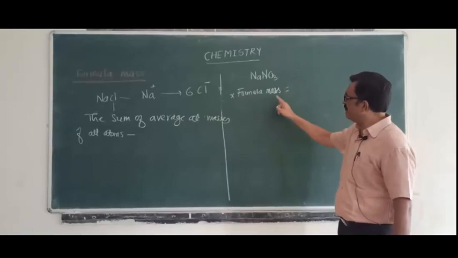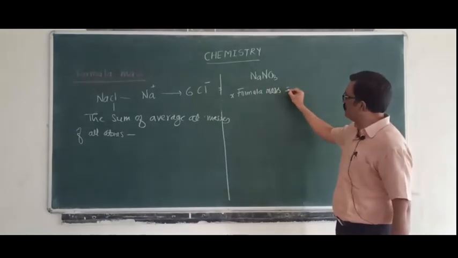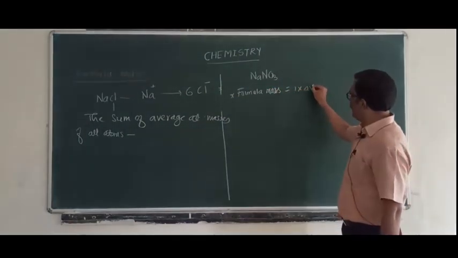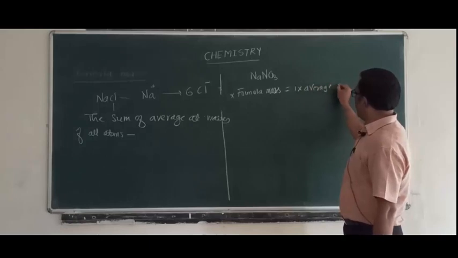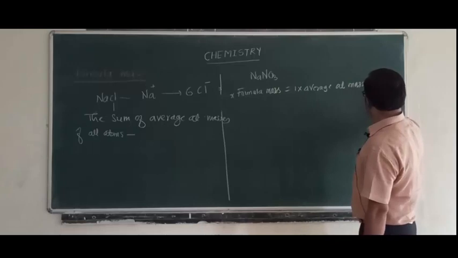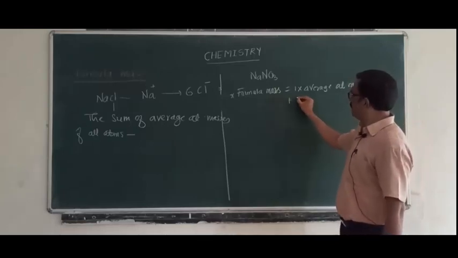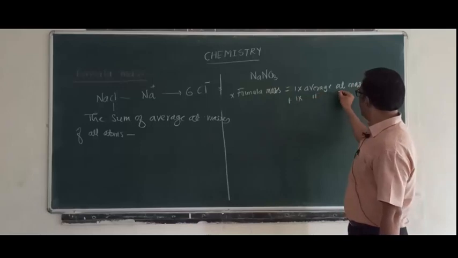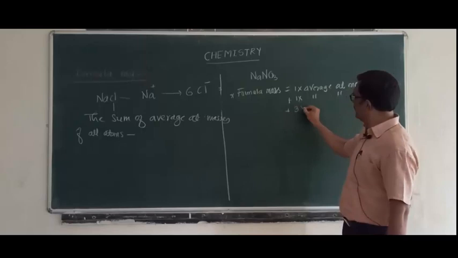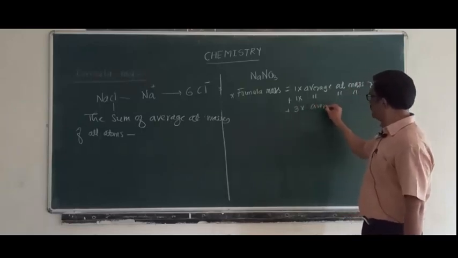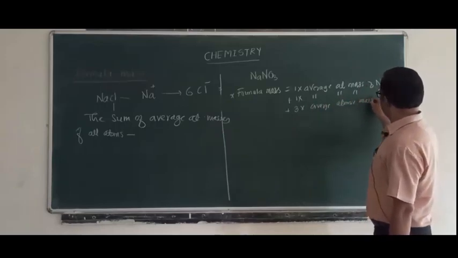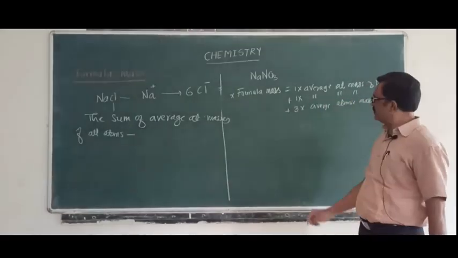Hence, the formula mass of NaNO3 is equal to number of atoms of sodium 1 into average atomic mass of sodium, plus number of atoms of nitrogen 1 into average atomic mass of nitrogen, plus 3 into average atomic mass of oxygen.